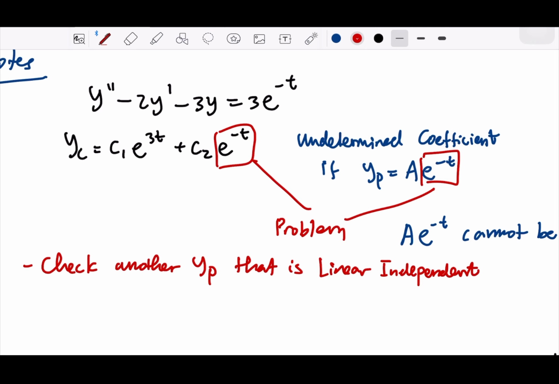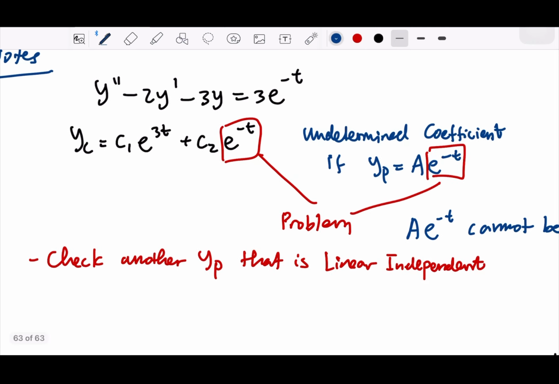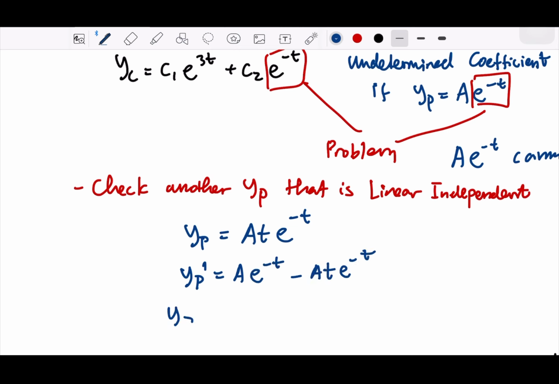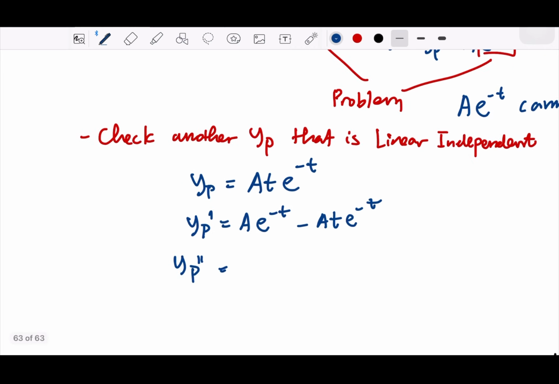So we could check a t e with power of negative t as our yp. We could check the first derivative, and check the second derivative. The second derivative I will directly write: negative 2a e negative t plus a t e negative t.